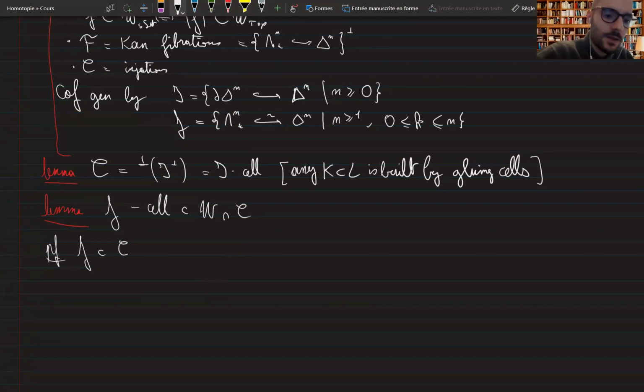So in particular, this we proved is equal to this thing. So any map of J has the left lifting property with respect to maps which have a right lifting property with respect to I, all right?